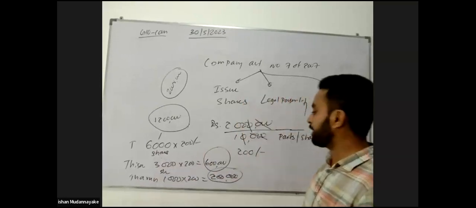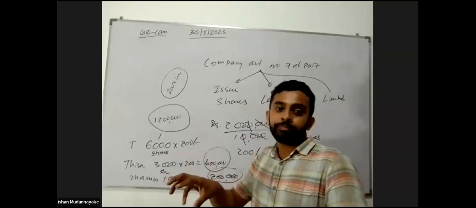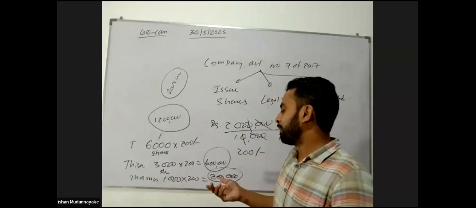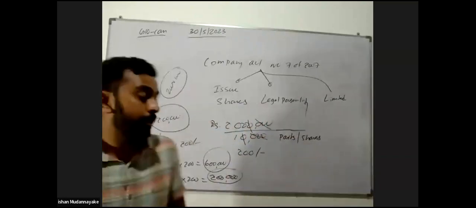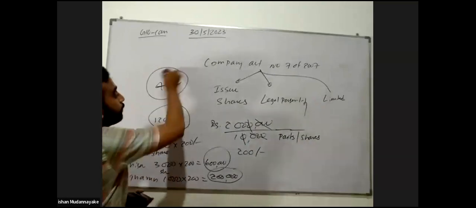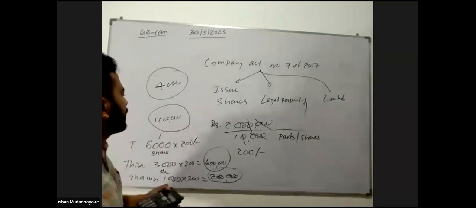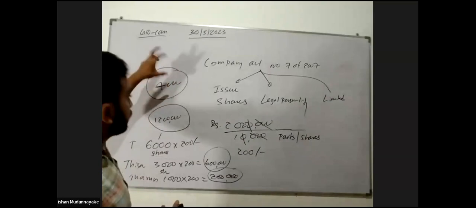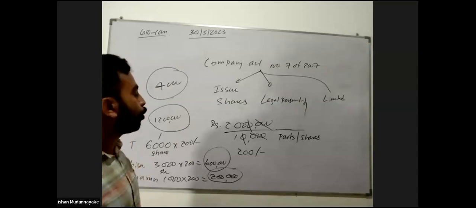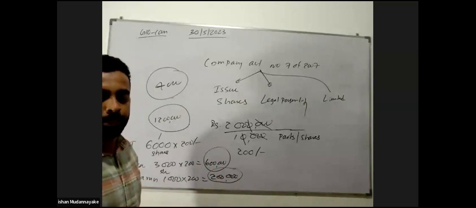To sell these 4,000 shares, Tanvi can advertise in a newspaper, or on television.